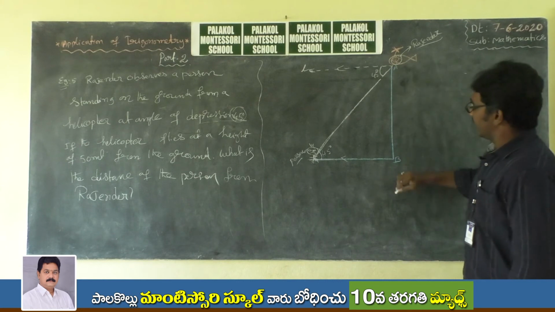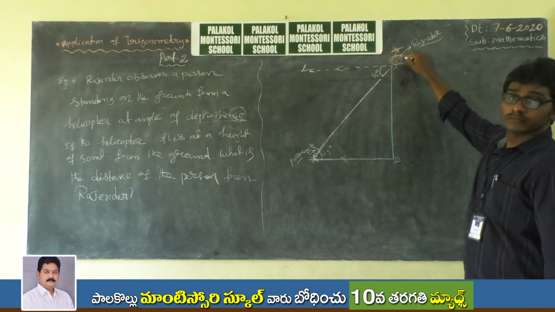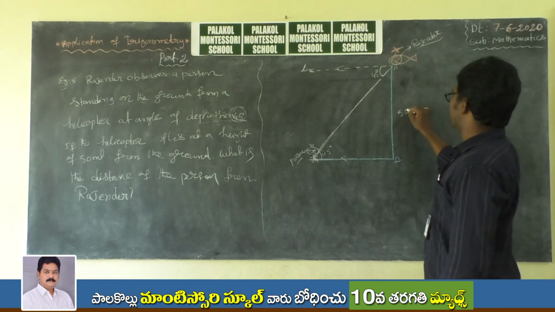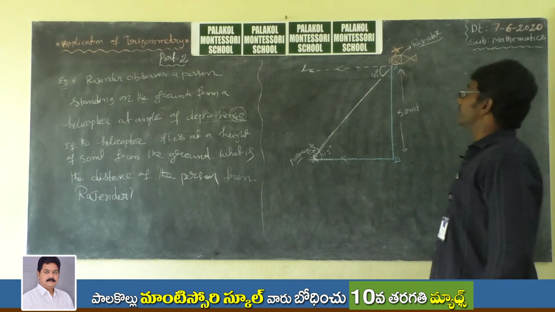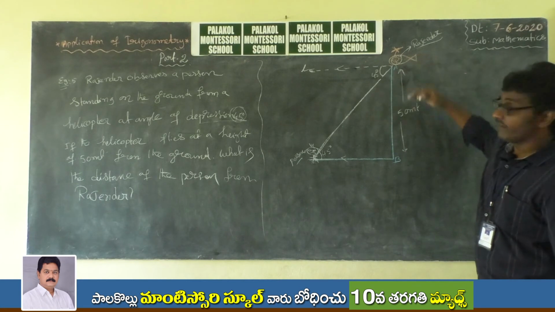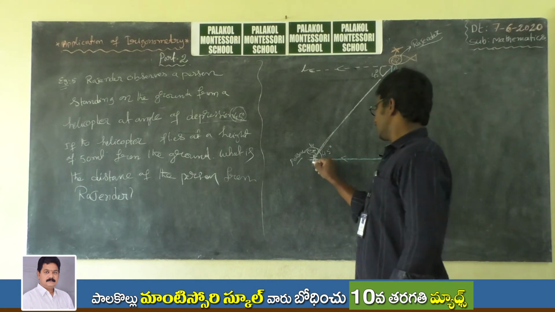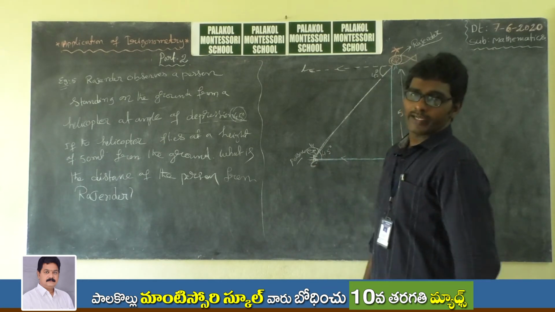From the diagram, AB indicates the height of the flying helicopter, that is 50 meters. So the helicopter flies 50 meters above the ground. And next, suppose this point is C.